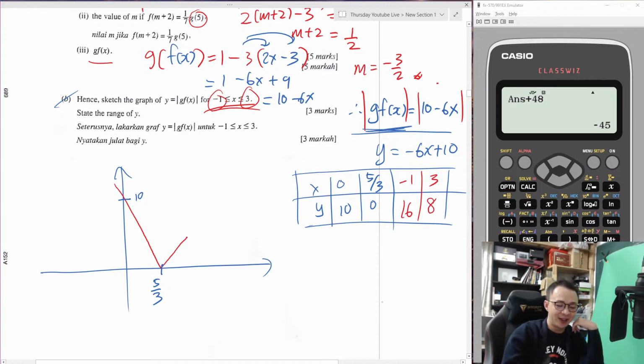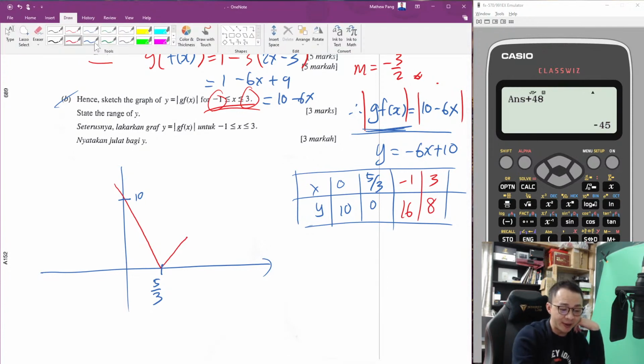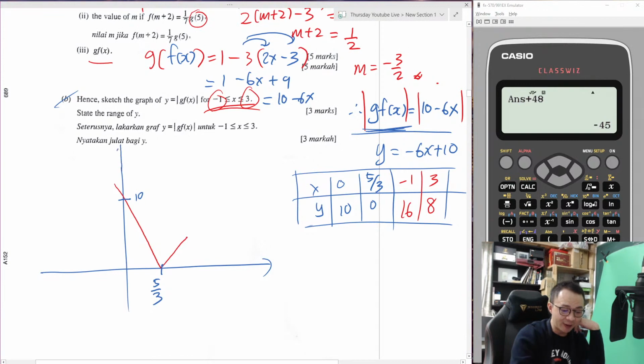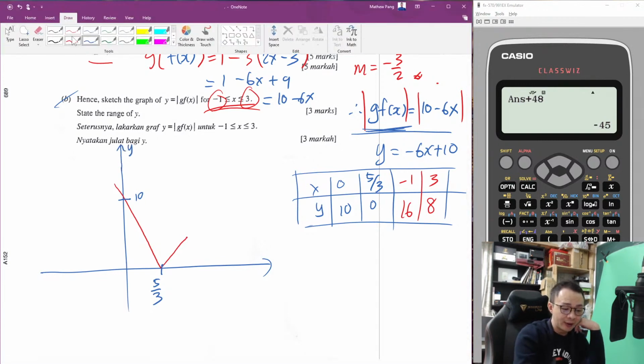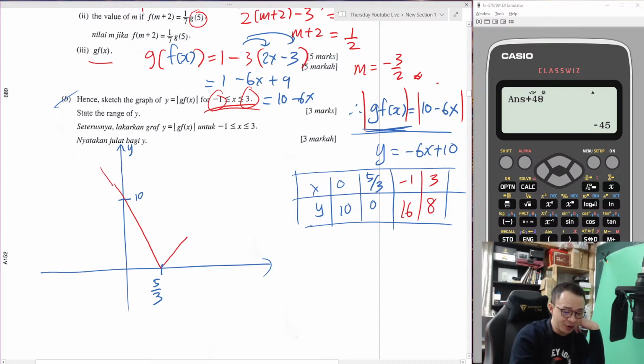Let me make this one longer because I need it slightly longer. This is my y. I will assume the 16 is roughly somewhere here, when my x is -1.